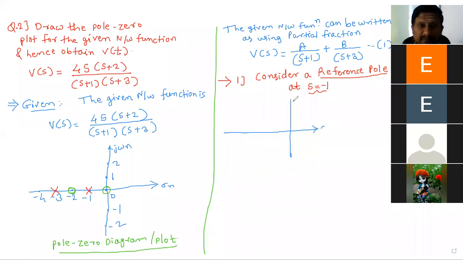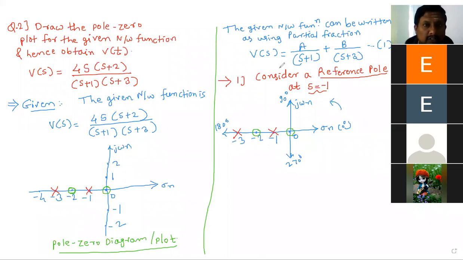So this is sigma n, this is j omega n, this is 0 degree, 90 degree, 180 degree, 270 degree. The angle is measured anti-clockwise in this direction. So this is 0, minus 1, minus 2, minus 3. At s is equal to minus 1 and s is equal to minus 3 there will be the poles. At s is equal to 0 and s is equal to minus 2 there is a zero.